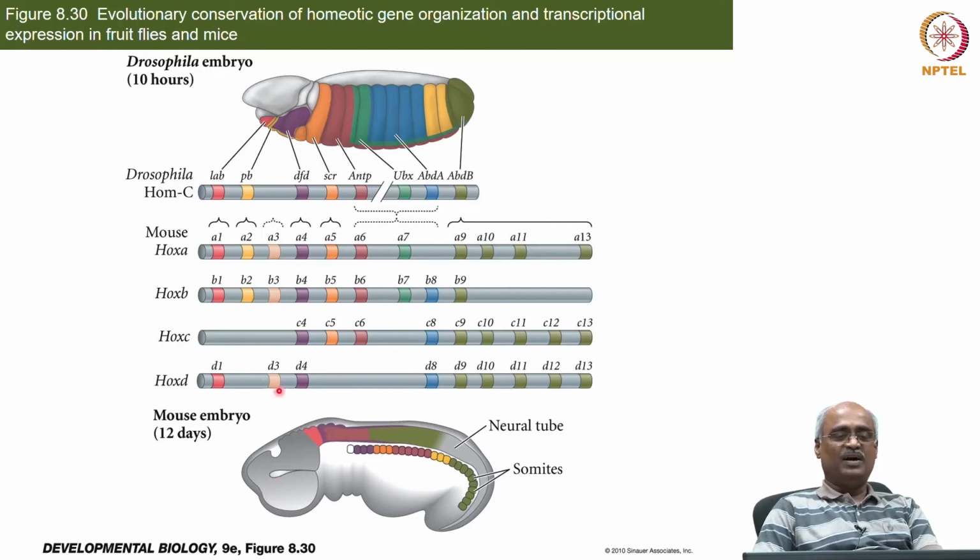The Hox gene expression extends only up to the anterior most of the hindbrain. So the head region in organisms separated by as much as 500 million years is determined by very similar genes. Remarkable indeed.